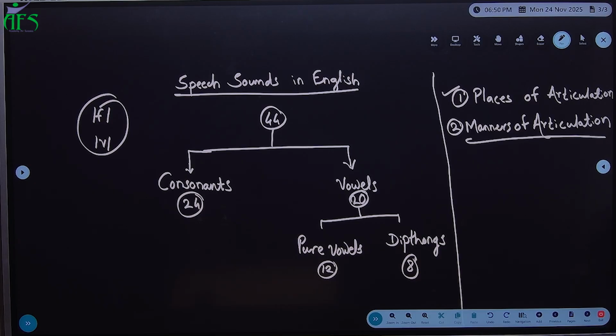The affricates begin as a stop and release as a fricative. Only two sounds are there, ch and j. Sh and zh were in the fricatives, and in affricates, ch and j. In English, two j's are there. I'll tell you later on.